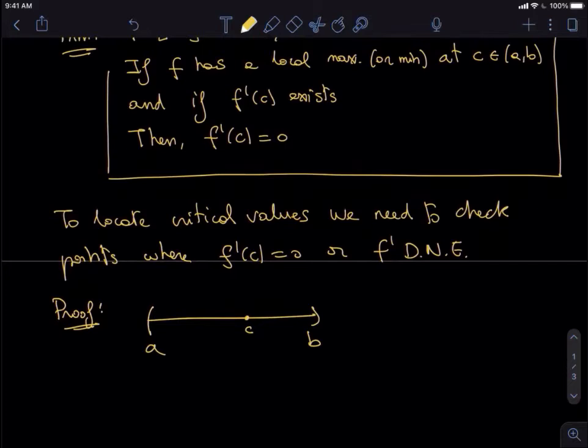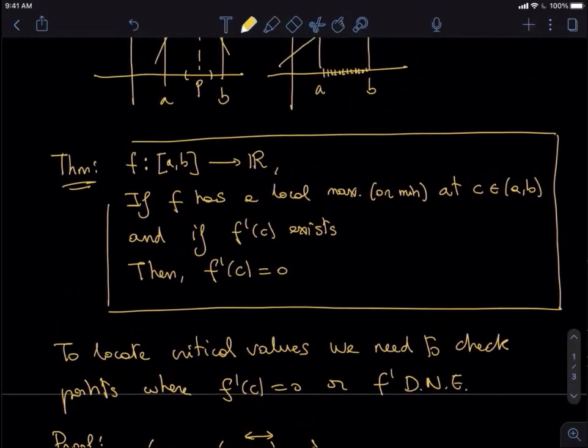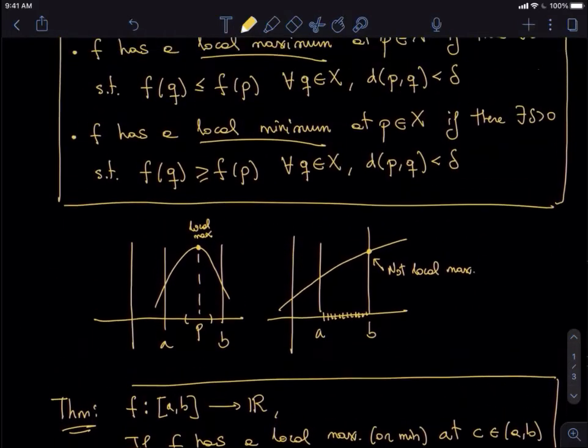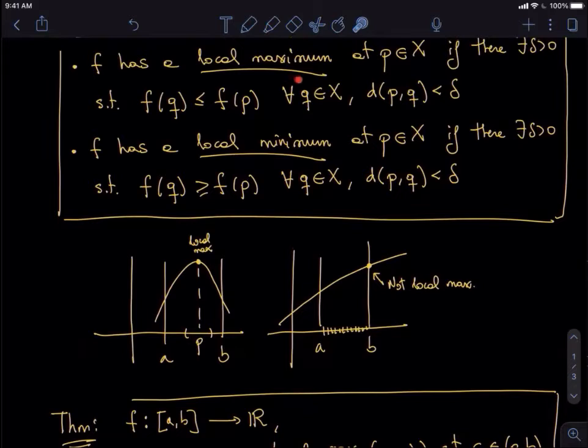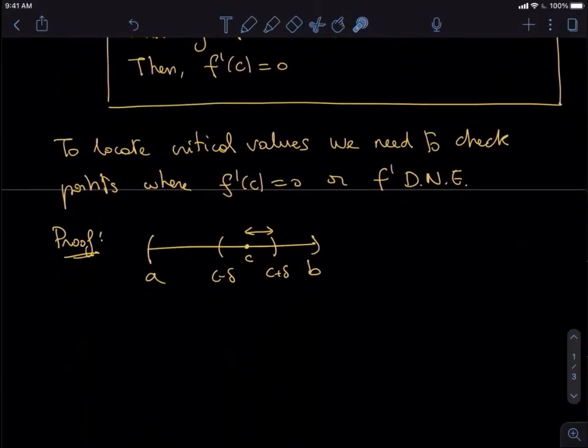Because it's inside, we can take a neighborhood around it, which would be from c minus delta to c plus delta. This is the neighborhood in the definition of local maximum, the one with radius delta around it.